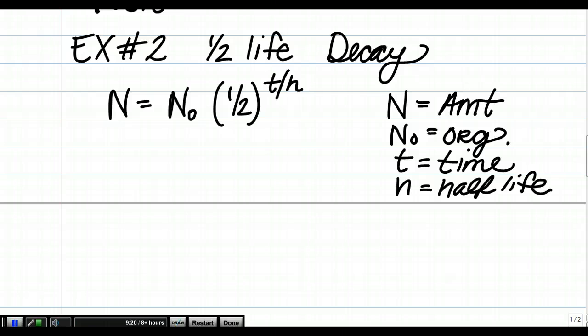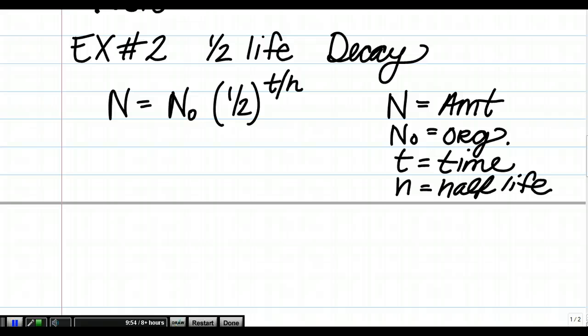So let's look at example number 3 on page 485. It says the half-life of carbon 14 is 5,730 years. How much of a 10 milligram sample will remain after 4,500 years? So it tells you that the half-life of carbon 14 is 5,730 years.